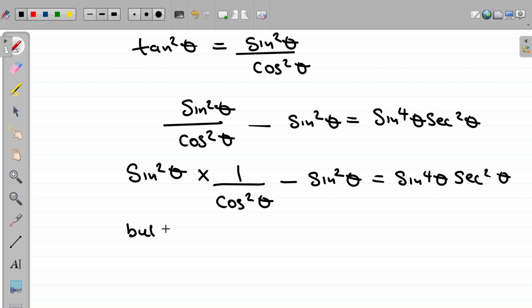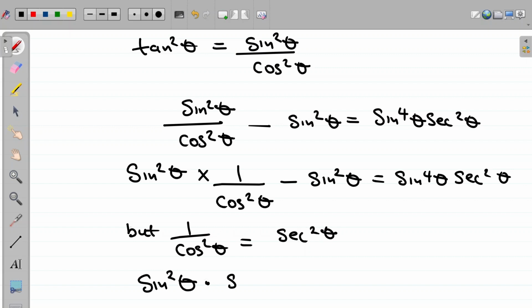But we know that 1 divided by cos square theta is equal to sec squared theta. So therefore our equation becomes sine square theta multiplied by sec square theta minus sine square theta is equal to sine to the power of 4 theta sec square theta.